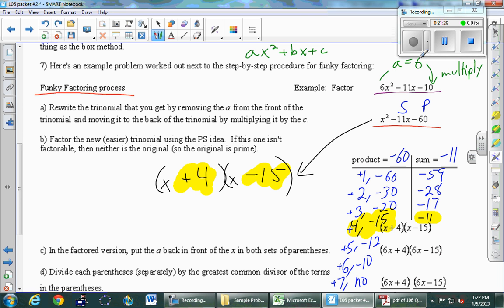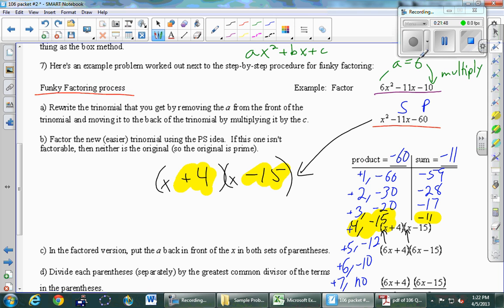It says part C. In the factored version, put the a back in front of the x in both sets of parentheses. How much was a? A was 6. I'm going to squeeze a 6 inside of both parentheses. In front of this x, I'm going to put a 6. And in front of that x, I'm going to put a 6.